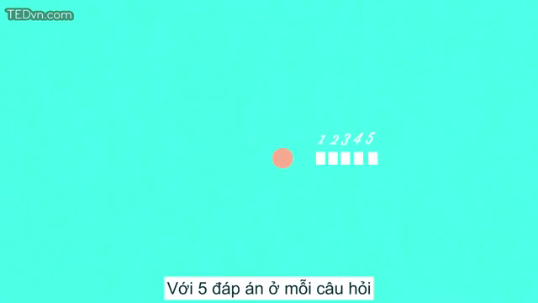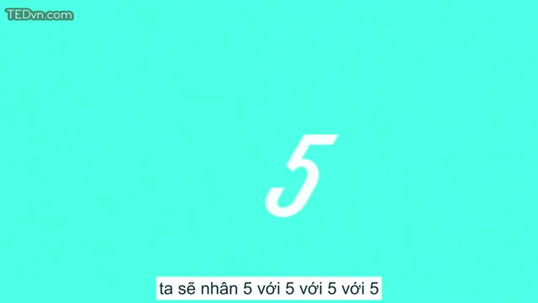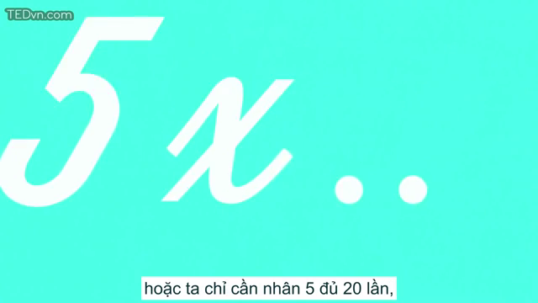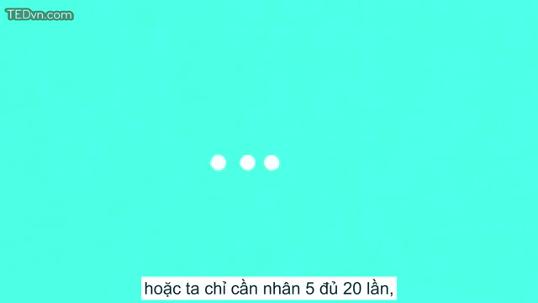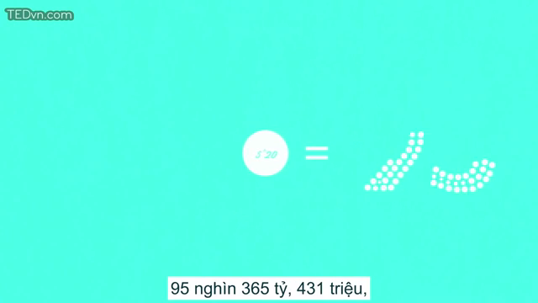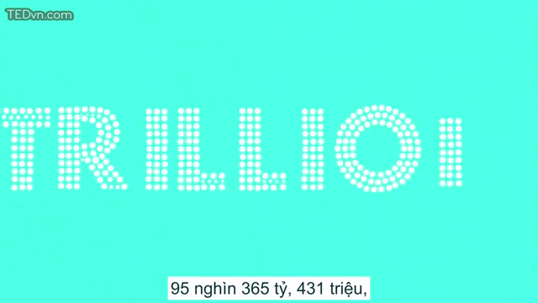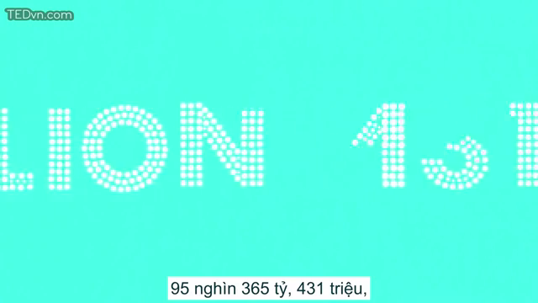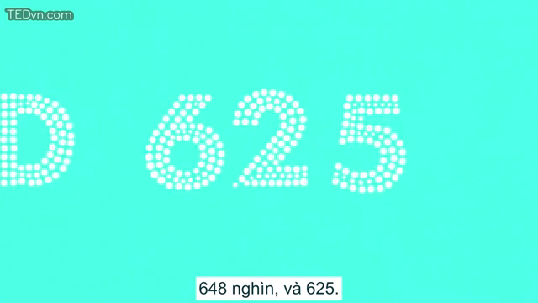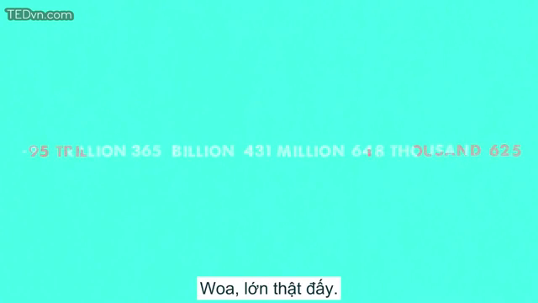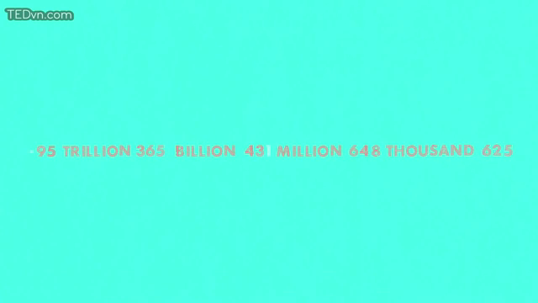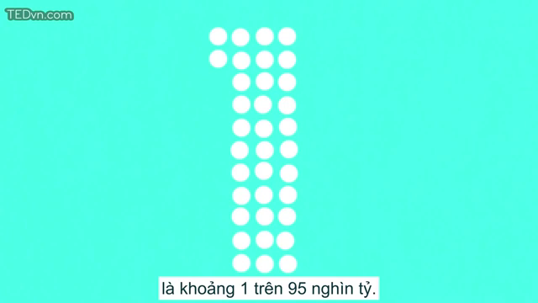With 5 possible outcomes for each question, we would multiply 5 times 5 times 5 times 5 times, well, we would just use 5 as a factor 20 times, and 5 to the 20th power is 95,365,431,640,625. Wow, that's huge! So the probability of getting all questions correct by randomly guessing is about 1 in 95 trillion.